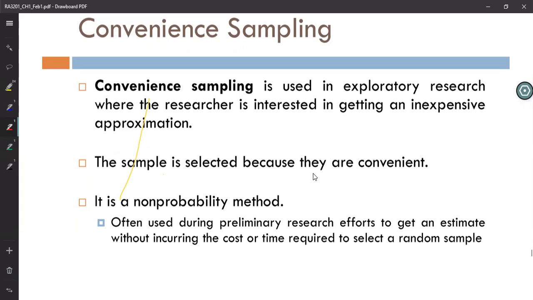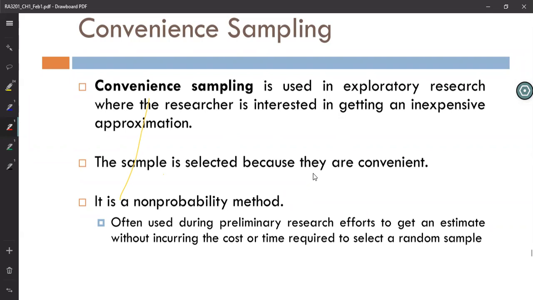So if you collect data for over a year, you will end up with only 20 x-rays. You can't go more than that because that's the only available number. So you have to stick with that 20. So that is convenience sampling. Otherwise, you have to wait about 10 or 20 years to select about 100 x-rays. You can't do that.